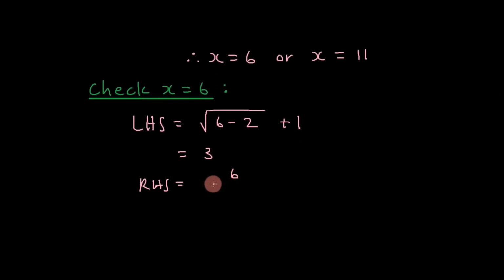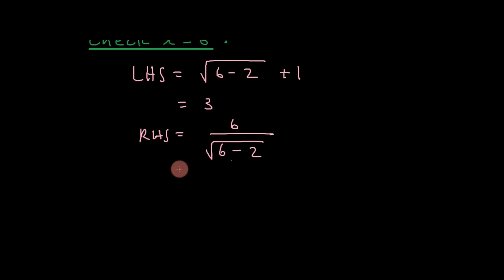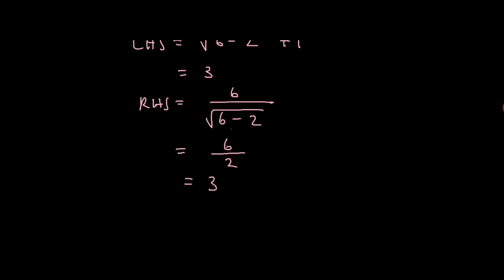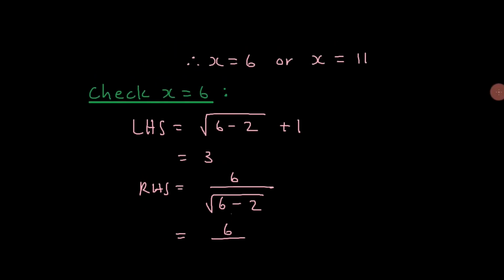So it's going to be 6 over the square root of 6 minus 2. And in the denominator here, we have the square root of 4, which is 2. And this is also equal to 3. So then the left-hand side equals the right-hand side. And we know that x equals 6 is a valid answer.